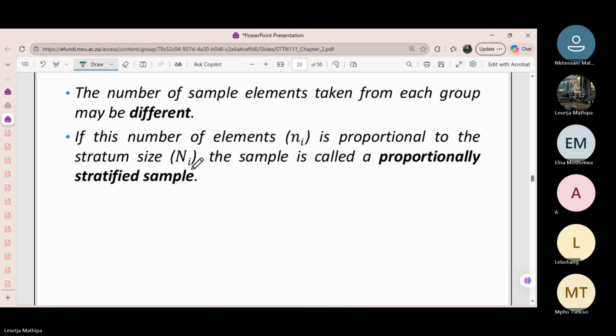Now Ni, the number of elements, is proportional to the stratum size. With stratified random sampling, we have capital letter N as the population size.